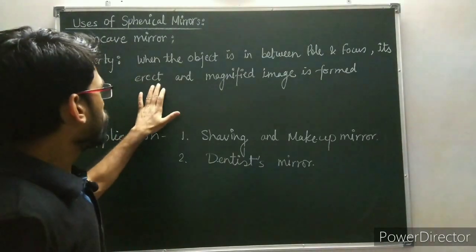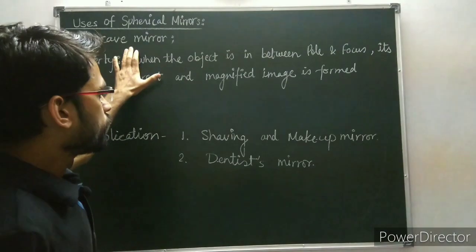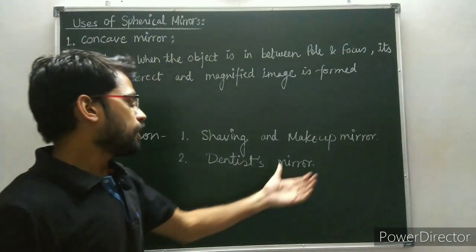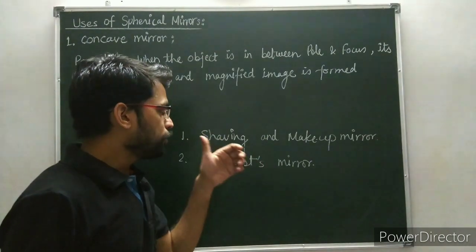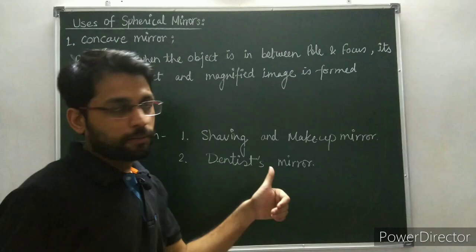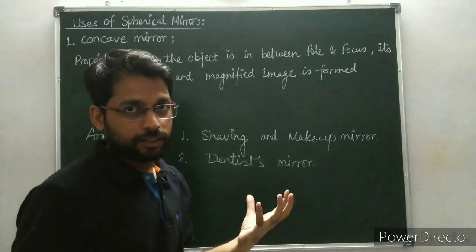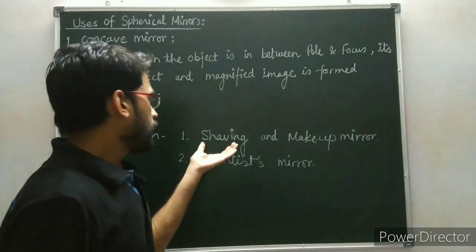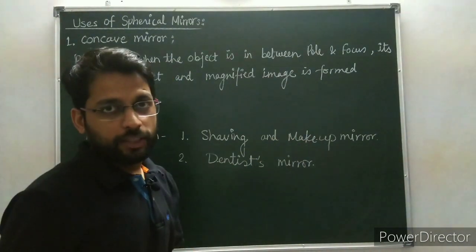So by using this property, we use concave mirror as a shaving and makeup mirror. When you place your face in between pole and focus of the concave mirror, then it produces an erect and enlarged image of it, so that you can easily shave and make up your face properly.